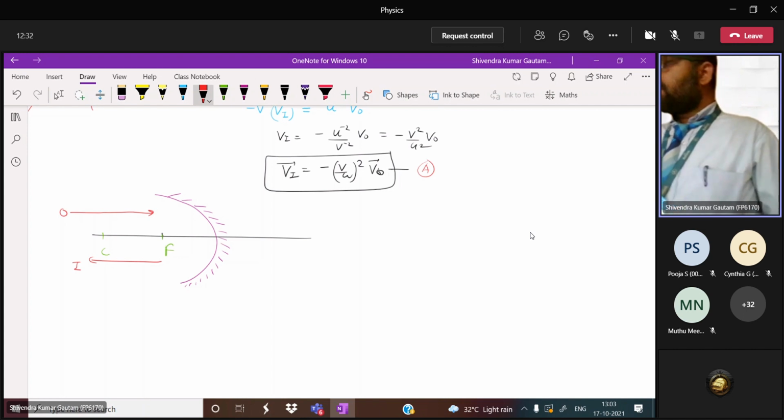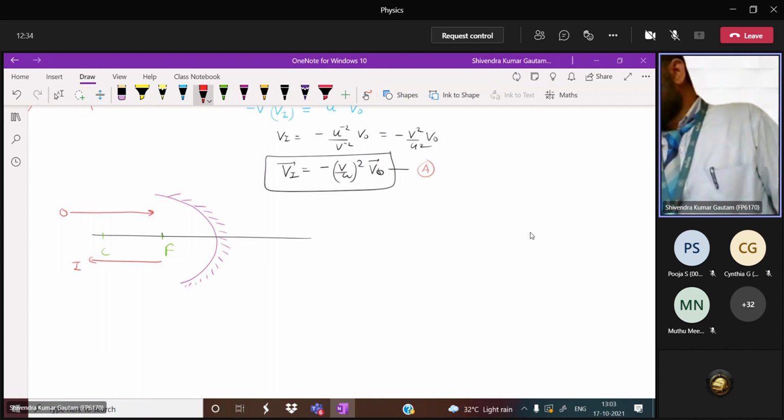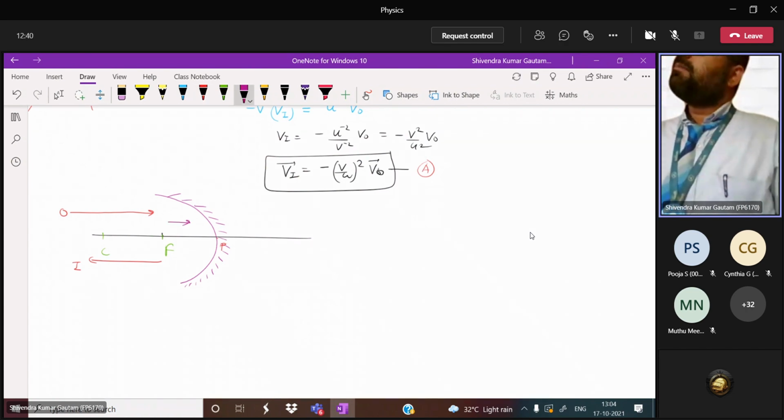Achha, now tell me, if object moves between F and P, focus to pole, how will the image move?